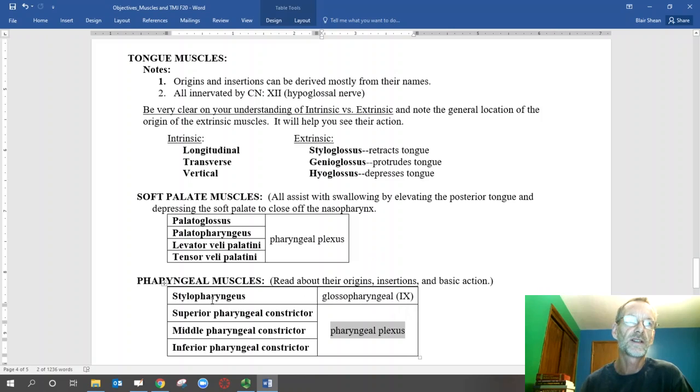And then the stylopharyngeus is a cranial nerve from the glossopharyngeal. Again, any nerve questions would be extra credit, and I'm not likely to ask you nerve questions on these muscles. I think there are other things to pay attention to with the nervous system.